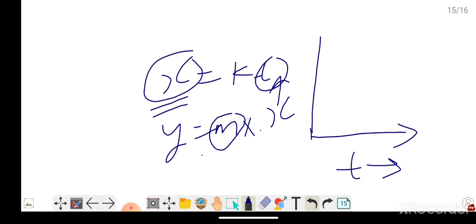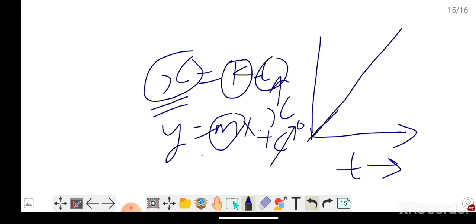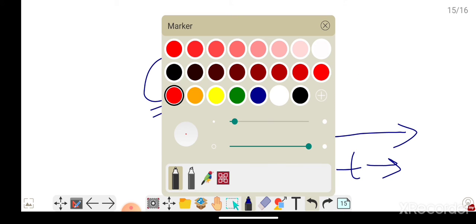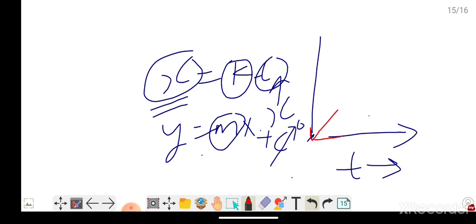Here the slope m is k, the rate constant, and the intercept is equal to 0, so there is no intercept. So the graph is drawn like this, and the slope is equal to m.